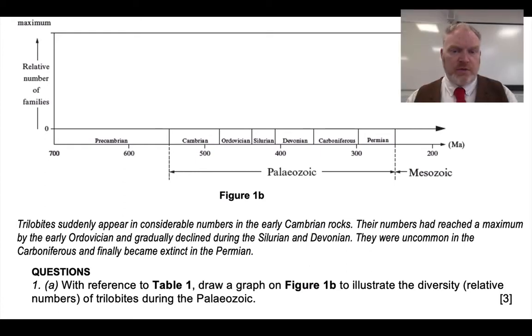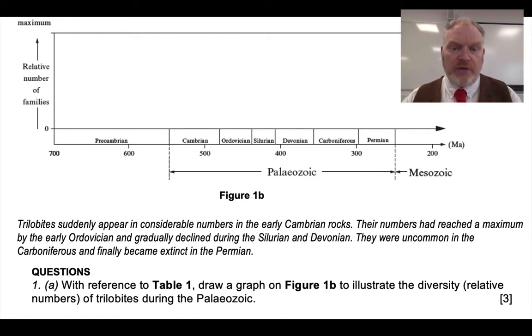So the first question is really about interpreting the descriptive data here of the evolutionary history of the trilobites, looking at their changing diversity over time. This isn't something you'd be expected to know, but you should be able to interpret the data fairly straightforwardly from this description.